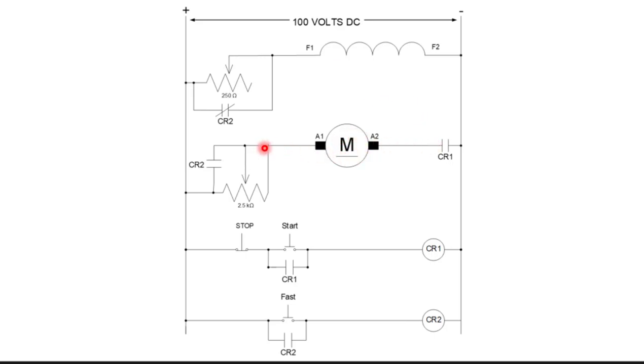Even though I've got current running in, I'm also inducing voltage that causes the current to want to move this way. In other words, the voltage being generated by these windings cutting lines of flux is in the opposite direction of what I'm trying to impose upon it.